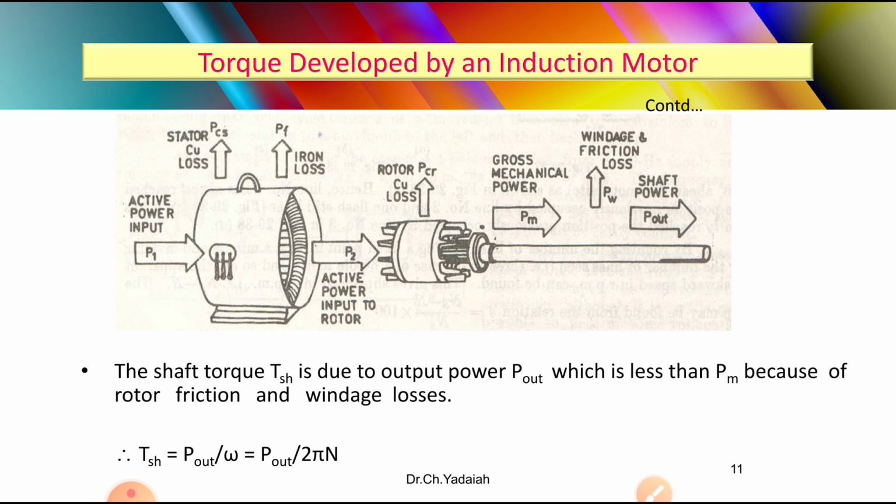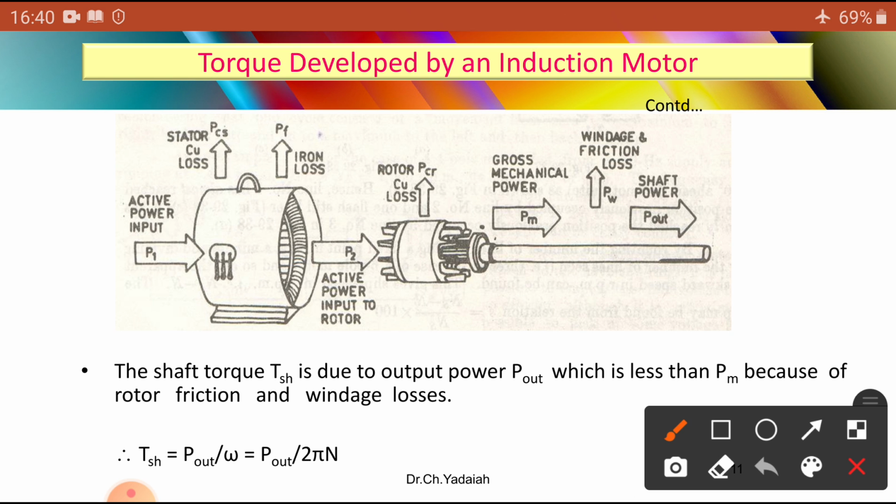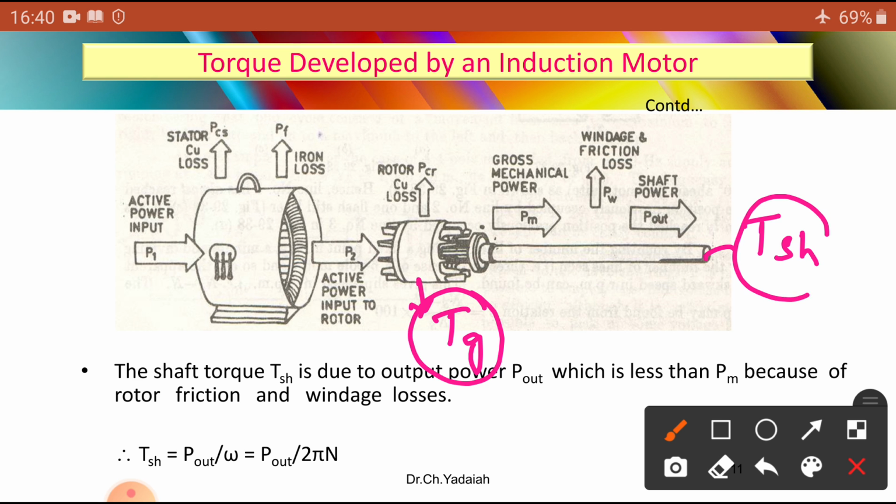Once again, don't confuse, students. This is TG, the gross torque, and this is T shaft. The total torque developed in the rotor is this much, but the shaft torque developed at the shaft is this much. It is ready to go on road.